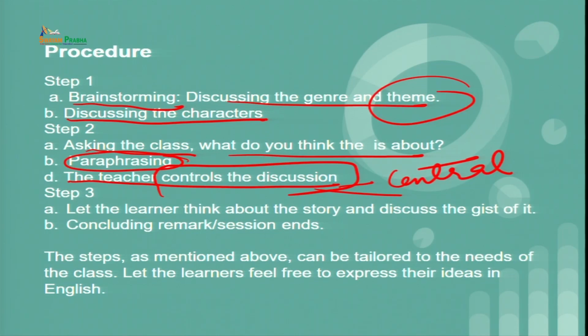Step 3 says to let the learner think about the story and discuss the gist of it, and then you can come up with concluding remarks. Again, these steps can be interchanged with respect to the learners' language proficiency, and you can tailor your words in accordance with the level of the learners.